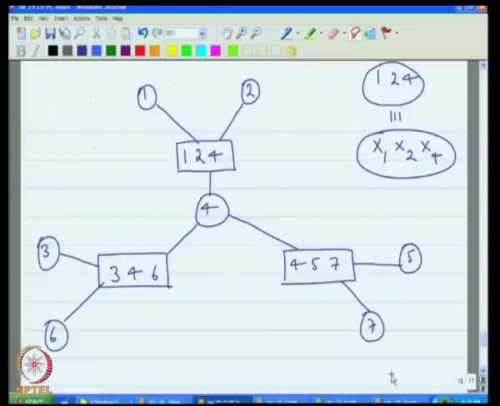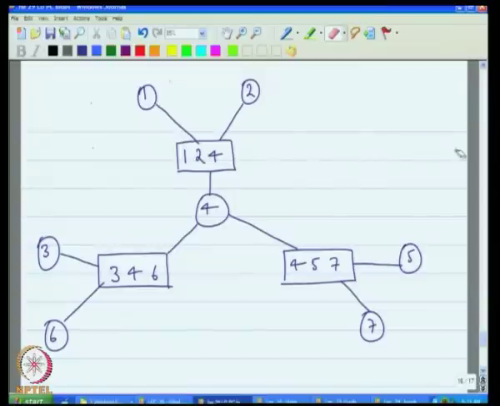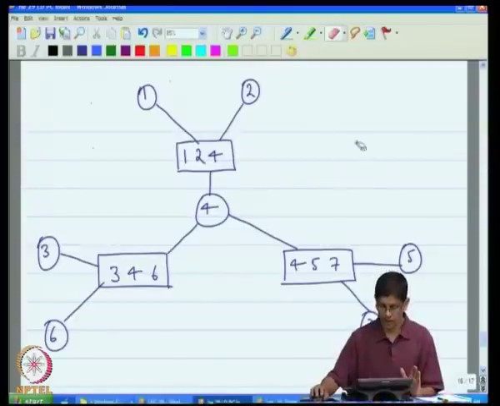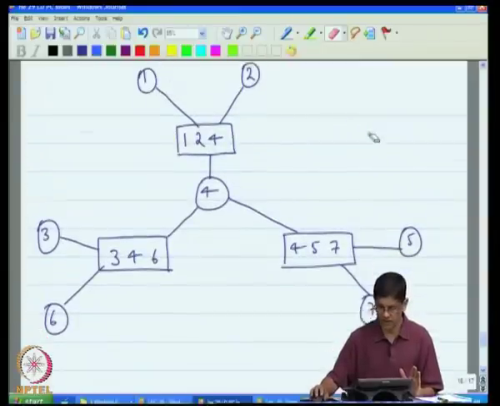Here is the junction tree of the 7,4,2 code. What I want to tell you is that the same graph can be redrawn in a slightly different manner.